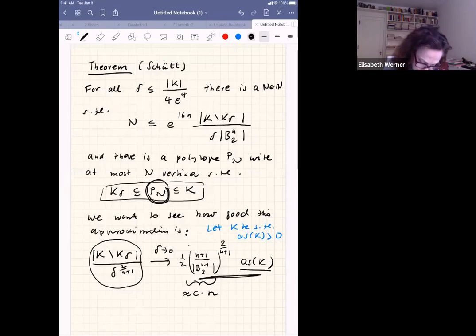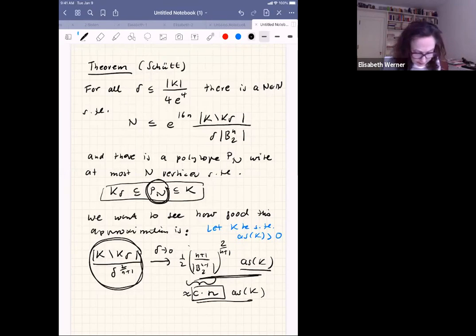So our constant Cn is just a constant times dimension. As delta goes to 0, this quotient approaches a constant times dimension times the affine surface area of K. So for delta small, we get that.